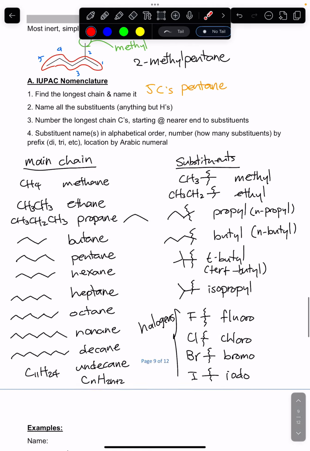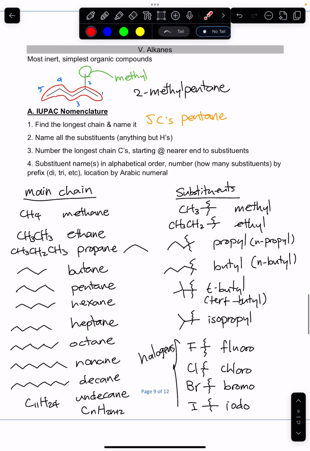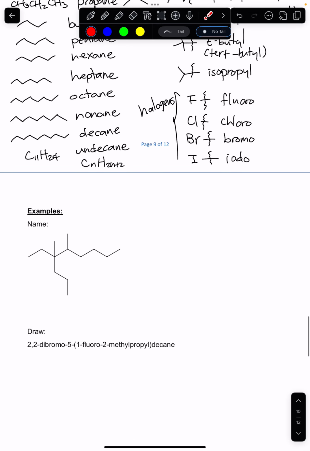So remember the first step: find the longest chain and name it. You might be tempted to say this is the longest chain, but the longest chain is not 1, 2, 3, 4, 5, 6, 7, 8, octane. This is the longest chain: 1, 2, 3, 4, 5, 6, 7, 8, 9, nonane.